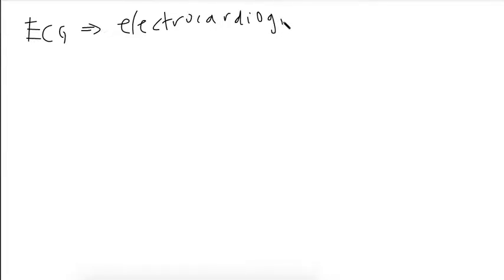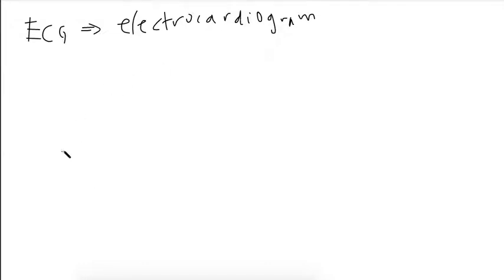In this video, I'll be teaching you how to interpret the meaning of an electrocardiogram, or ECG. An electrocardiogram is a graph plotted with time in relation to electrical activity.